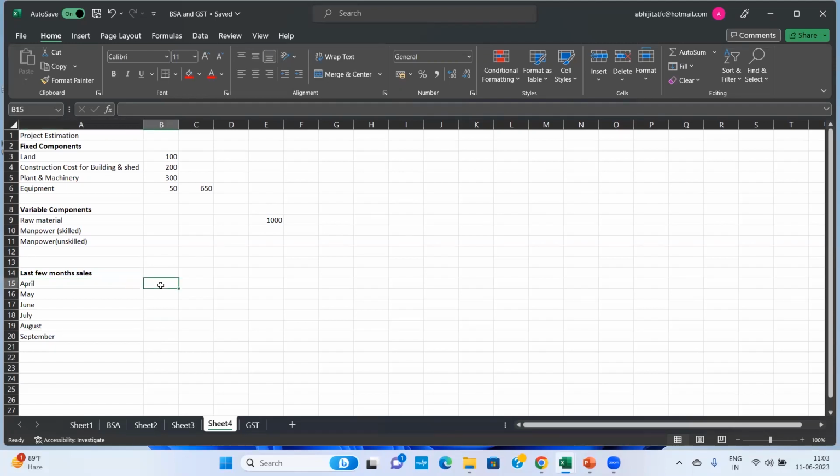Normally I get to know from peers or from my market survey in the area I am catering to. It could be 100 units, 120 units, 140 units, 134 units, 150 units, and in September slightly less, and it goes down to 50, 60, 20, like this.